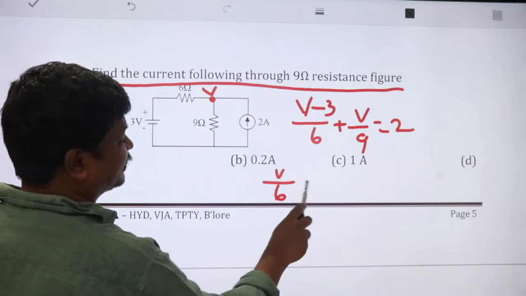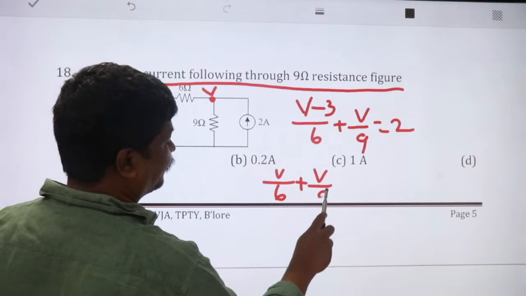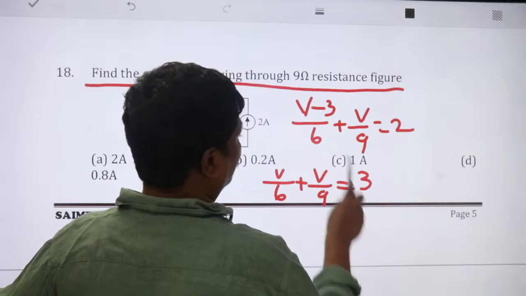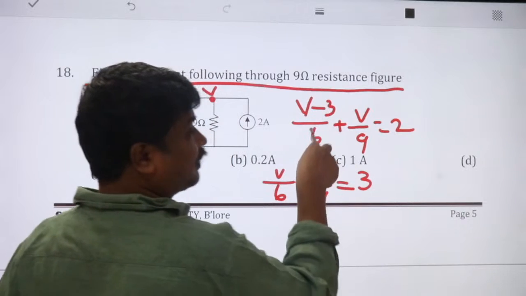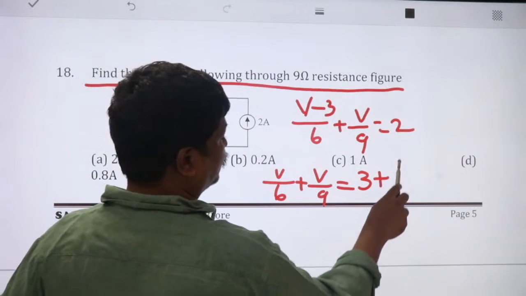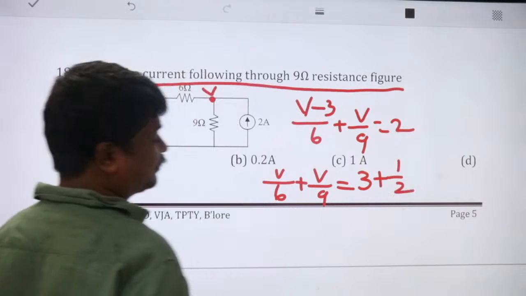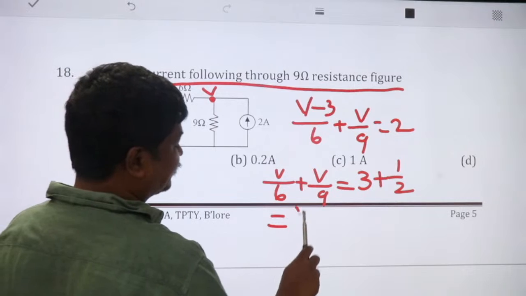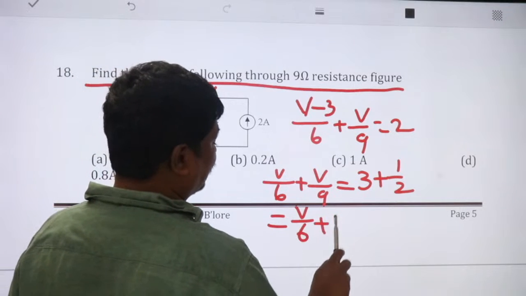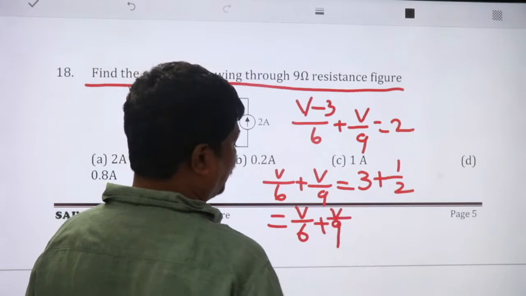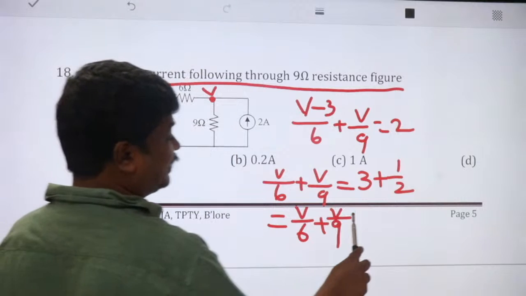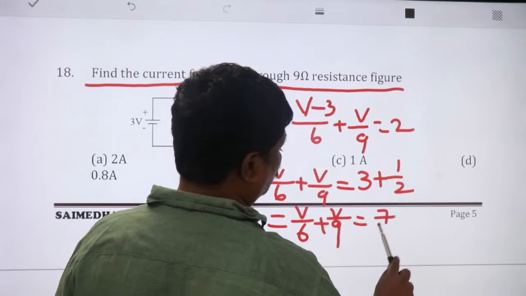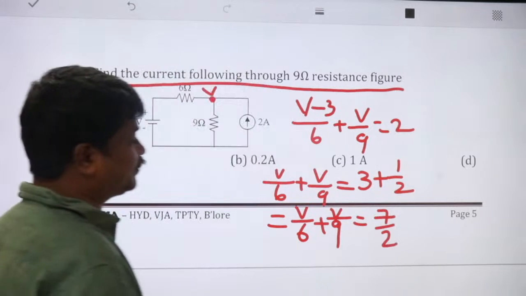V by 6 plus V by 9 is equal to 3 minus 1 by 2 plus 1 by 2 plus 1 by 2. So V by 6 plus V by 9 is equal to 7 by 2.